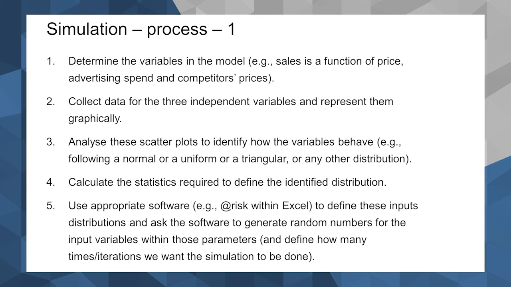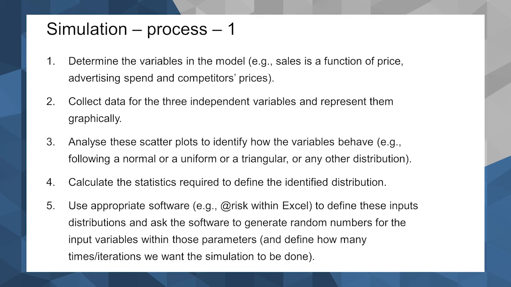One possibility is to use @Risk, which is software that can be used with Excel. It's not part of Excel, but it uses Excel as a platform. And in that software, we're going to define those distributions.